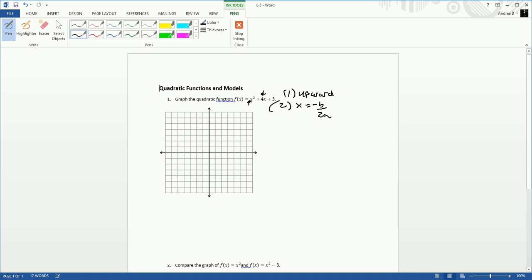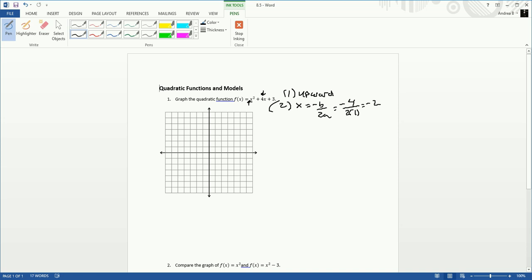So here we would have negative 4 over 2 times 1. Then we'd have negative 4 over 2, which simplifies down to negative 2. So that would be the x coordinate.